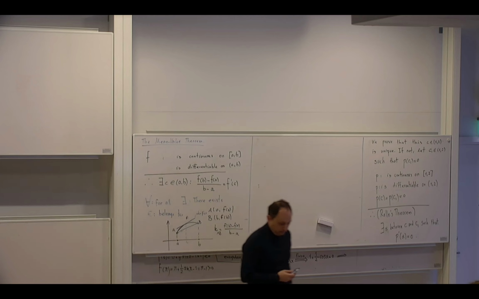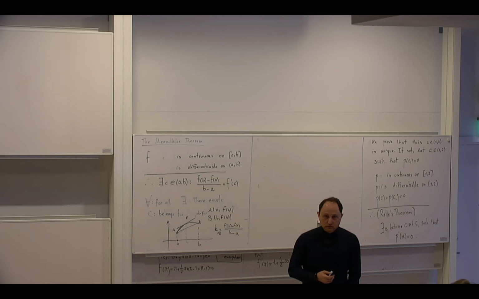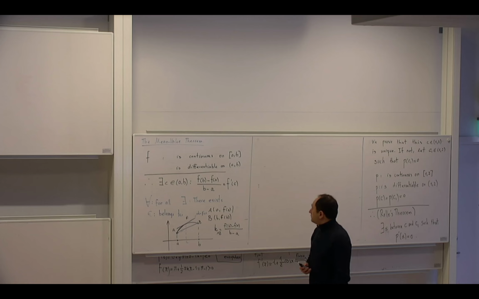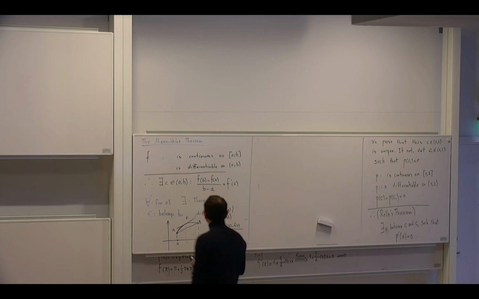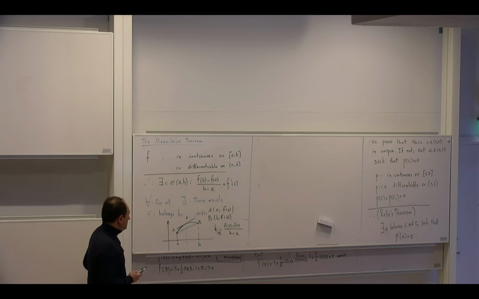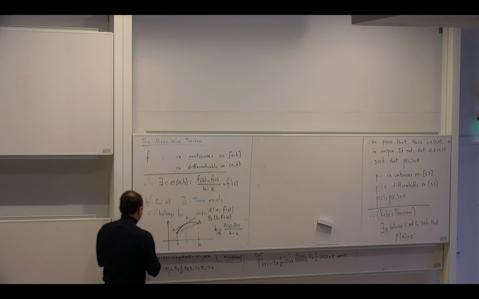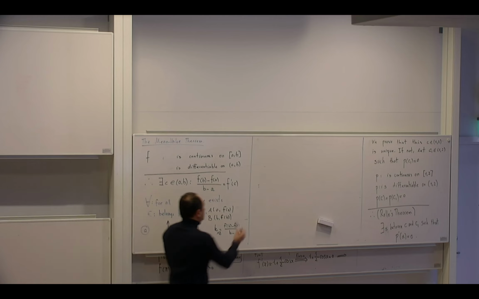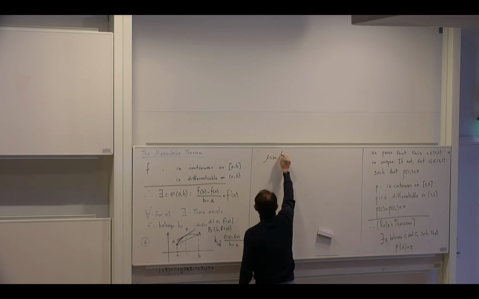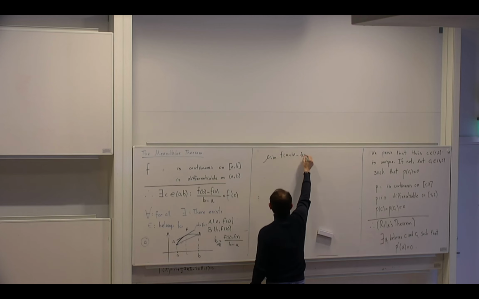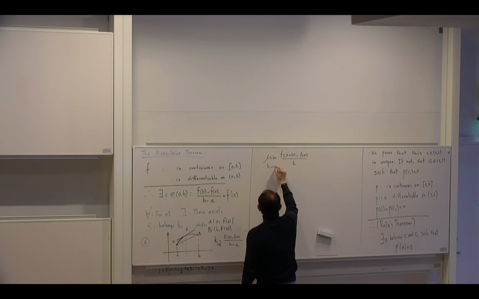Yes, please. Why do you write continuous with square brackets and differentiable with round brackets? You cannot differentiate at the exact endpoint. I could also put square brackets around that. But the point is that when I consider a itself in differentiability, the derivative is the limit of f(a+h) minus f(a) divided by h as h goes to 0, yes?